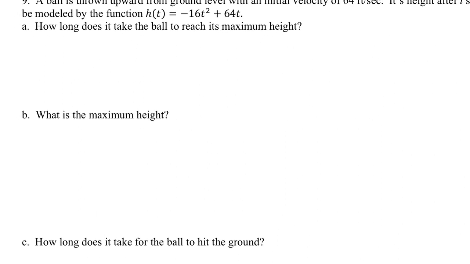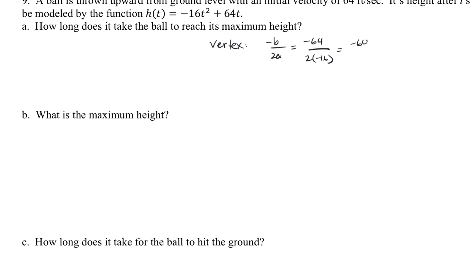What I'd recommend, there was a formula that was taught in 3.1 that was the vertex formula. If you remember, it's the opposite of b divided by 2a. So in this case, the opposite of b is -64 divided by 2 times -16.